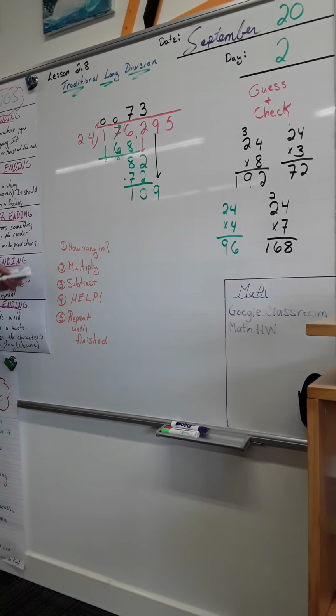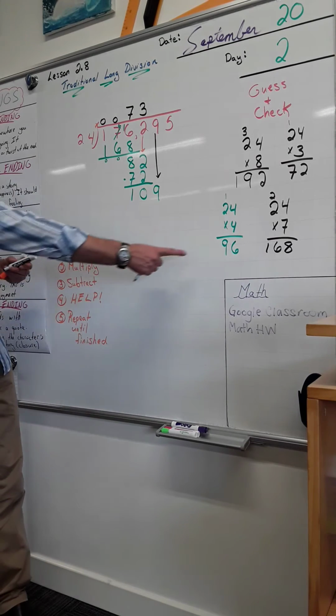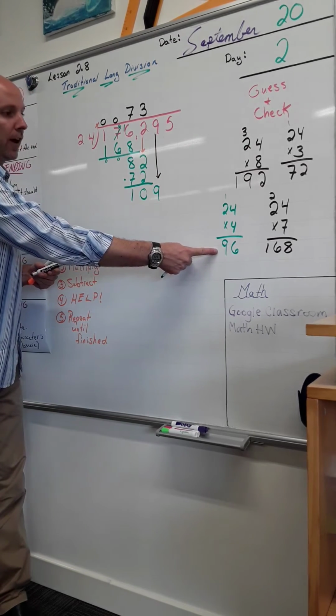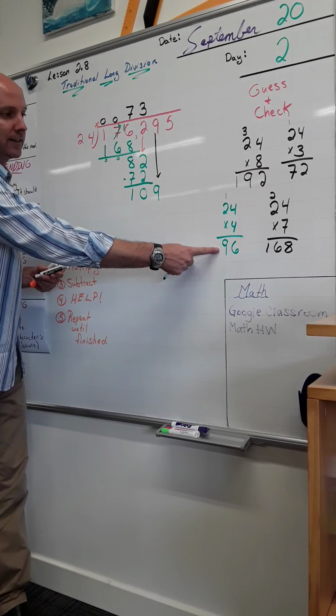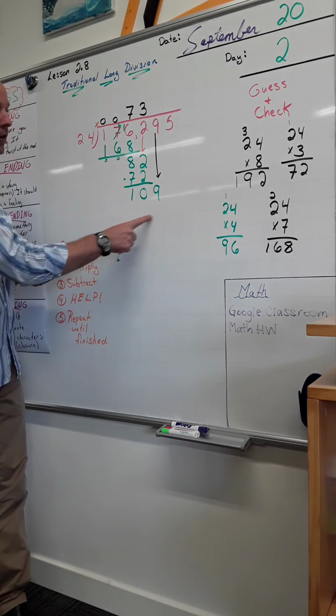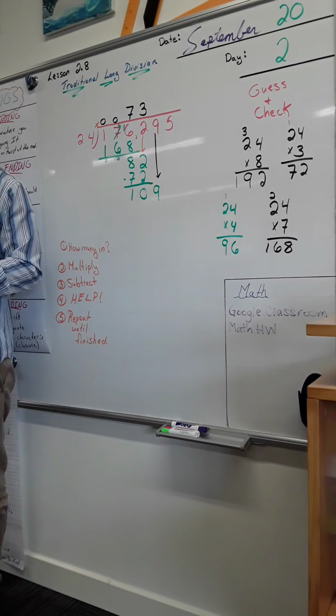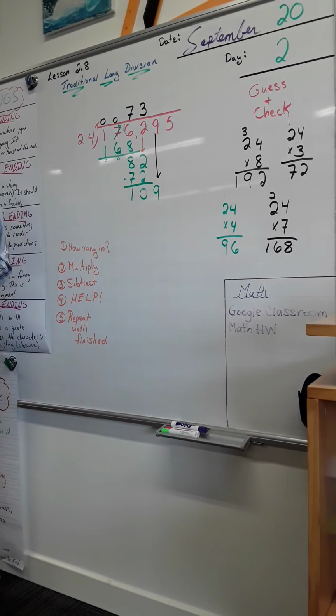How many in? How many 24s in 109? Well, check it out. Because I kept my guess and check math over here, I know that 24 times 4 is 96. So could another one fit into the 109, or is it going to be left at 4? Who can make an educated guess about that? Tim, what do you think? I think it should stay. Would 5 be too many? Yeah, right?